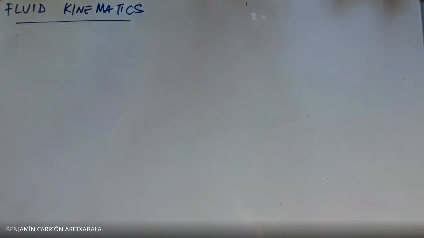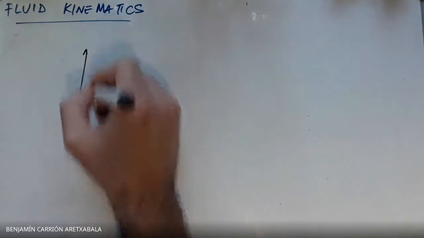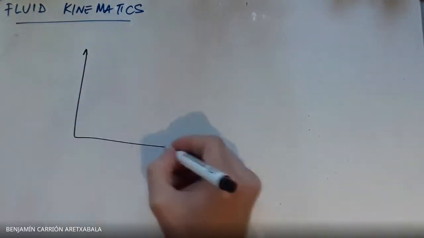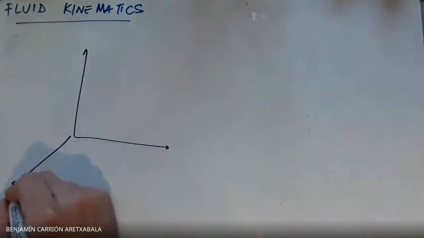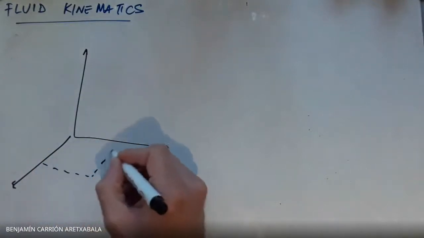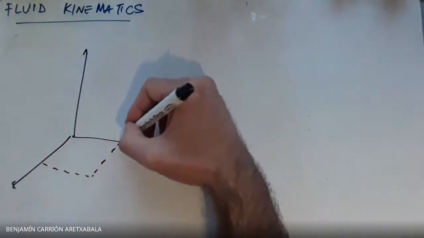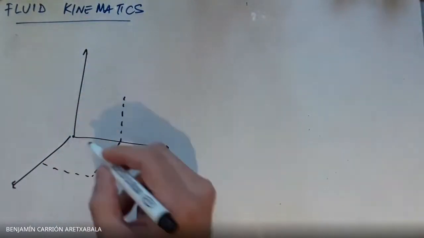So let's again think of a very small parcel of fluid. For convenience, we're going to place our little parcel right at the center, just so we don't have to draw too much.